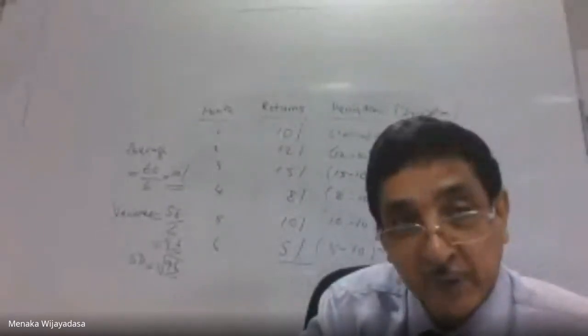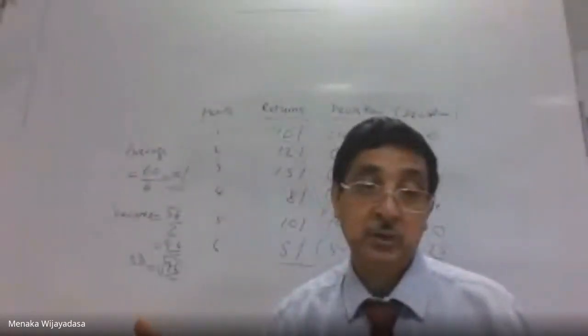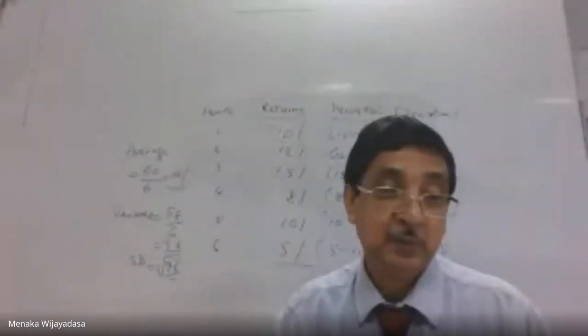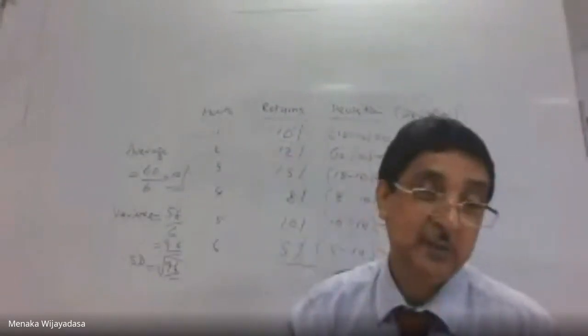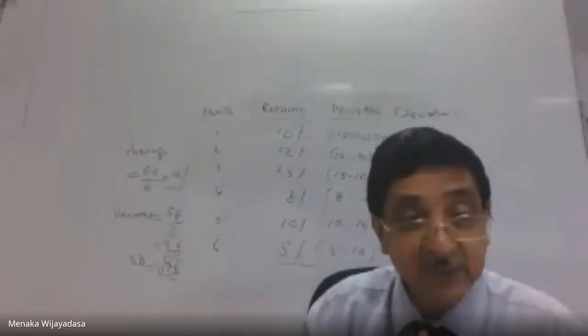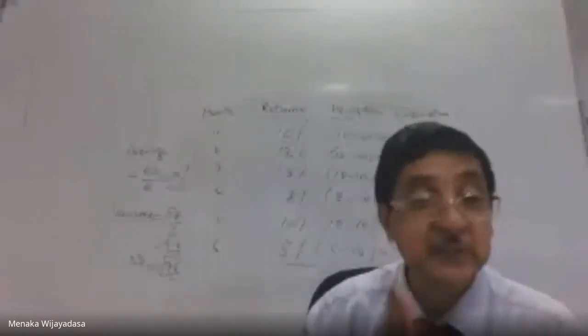I think you got my point. Now say, if you want to compare 3 branches of your bank, what you can do is get the average return of those branches and the standard deviation of those returns.